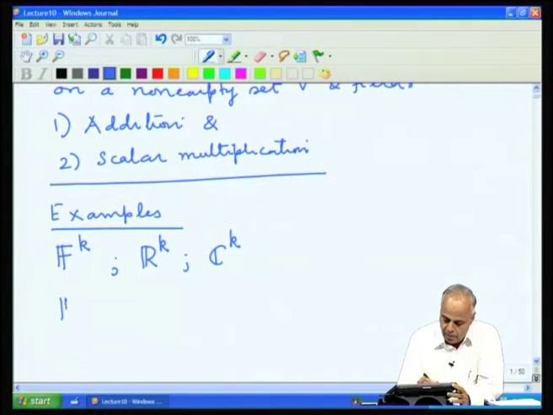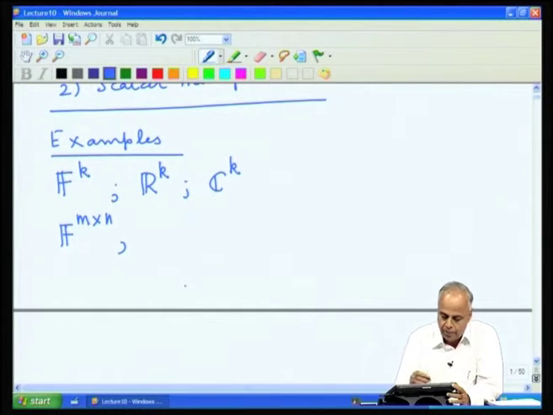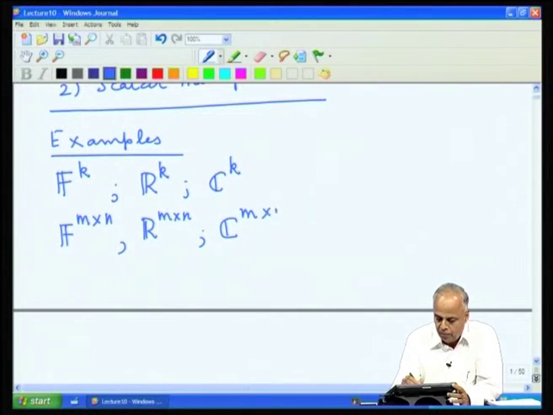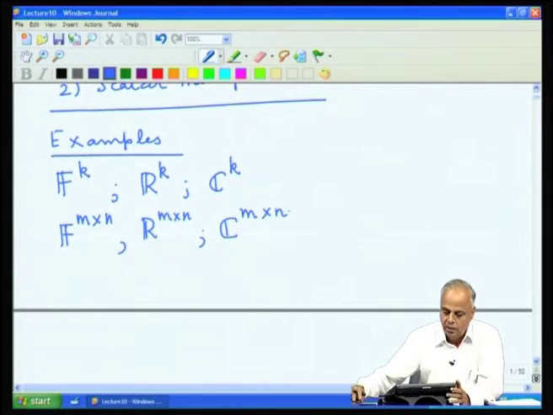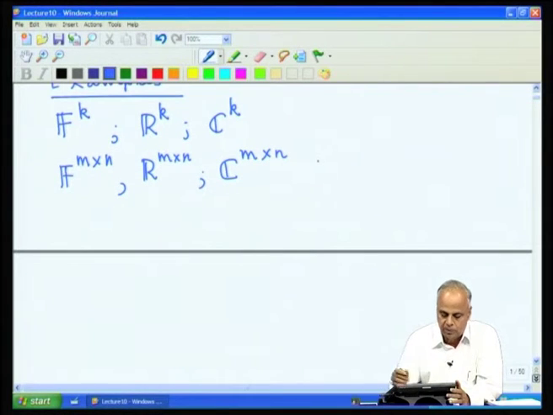Then we had the model of the m by n matrices, F^(m×n), and in particular if we take the field to be the real field, we get the collection of all m by n matrices with real entries, which form a vector space, and analogously if we take F equal to C, we get the vector space of complex matrices.